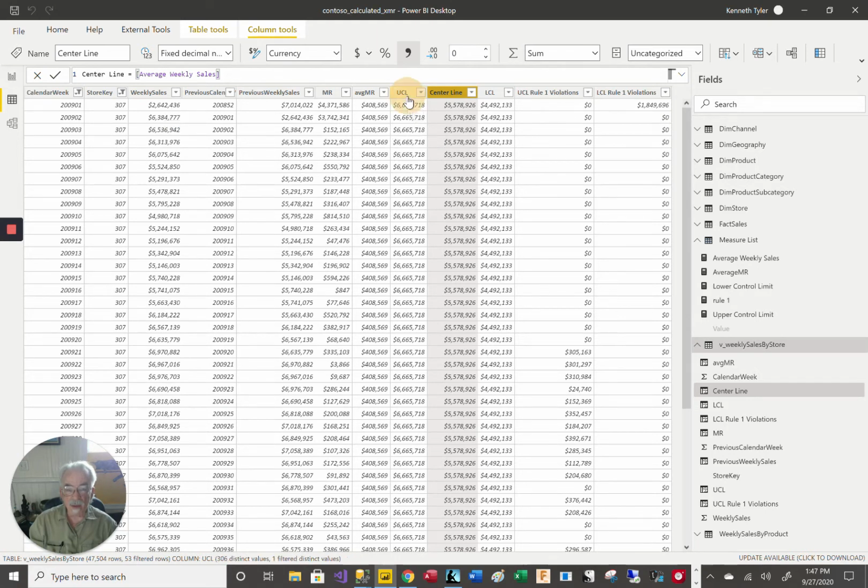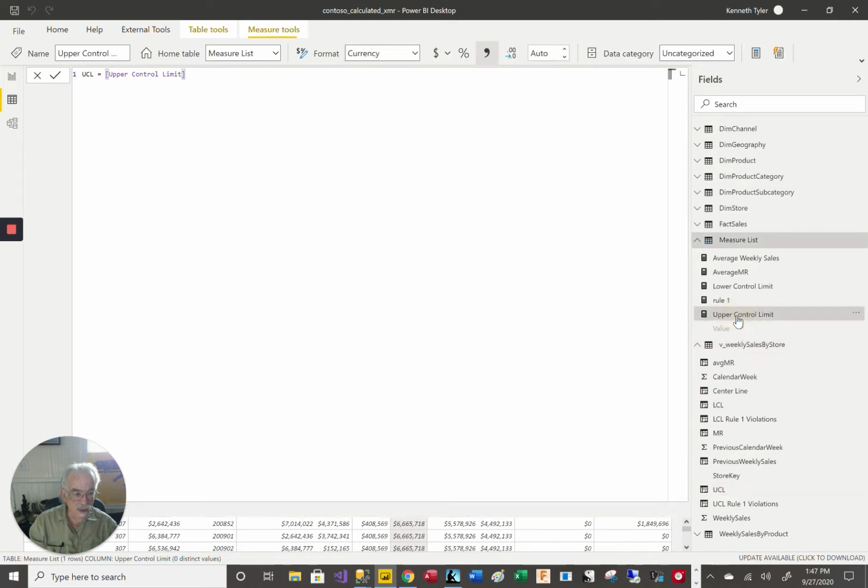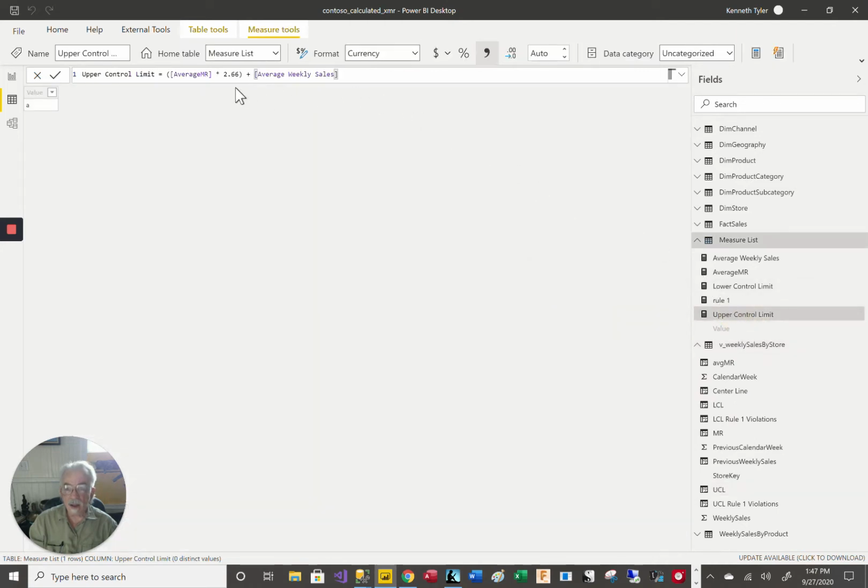The upper control limit is arrived at by taking a constant, which has been derived from lots of long experience in the field with these charts, 2.66, and multiplying that by the average moving range.